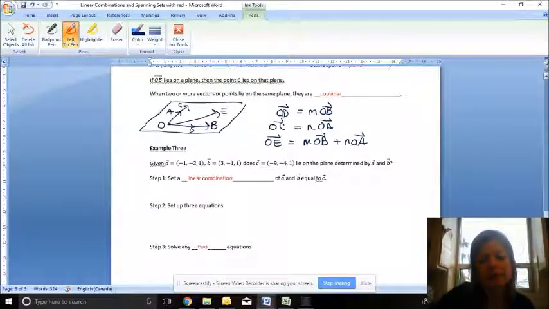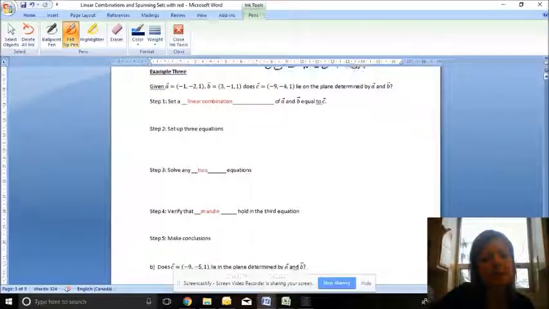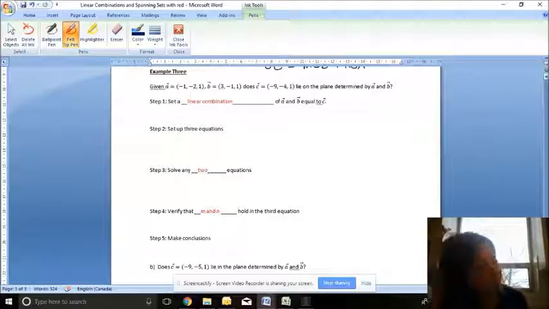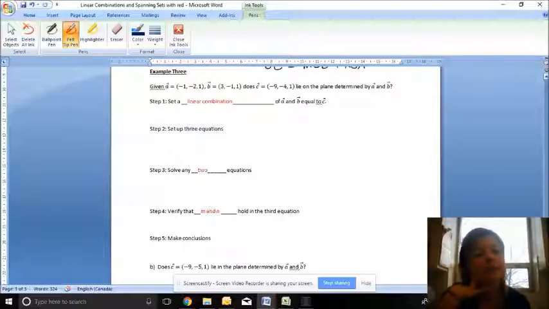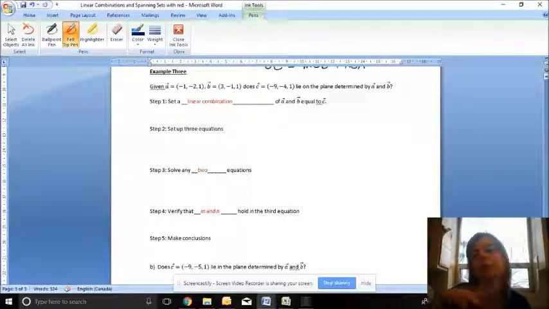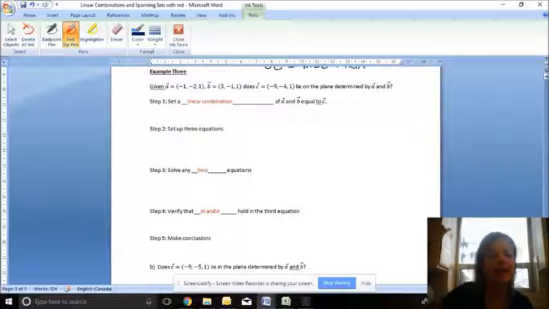All right, so example 3 is determining if C lies on the plane determined by these other 2 non-collinear vectors. If it's true, then a linear combination will exist so that A and B equal C. If it's not coplanar, there will not be a linear combination possible to create C given A and B. So we're going to test to see if this works.